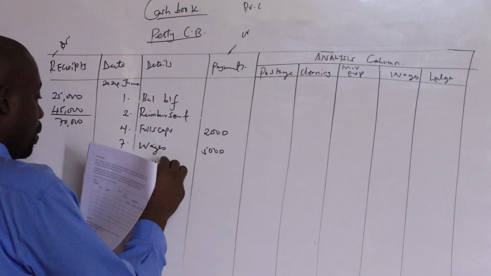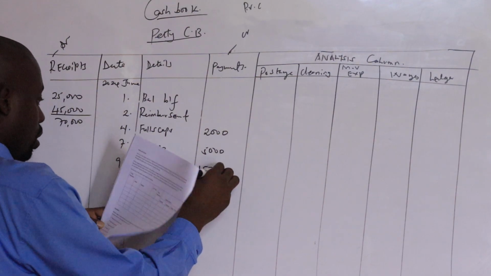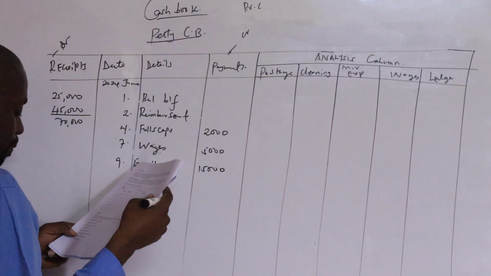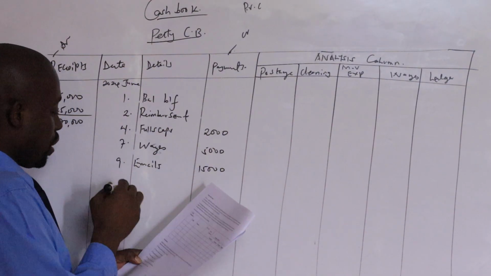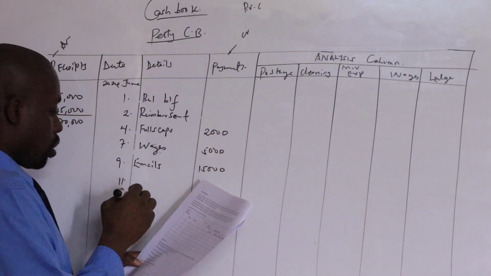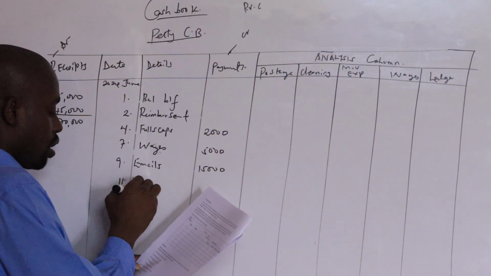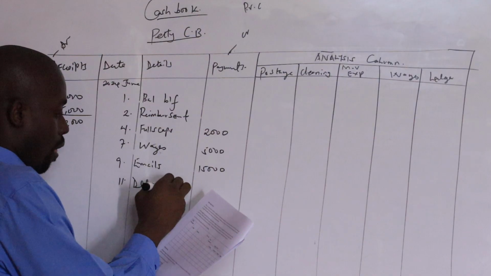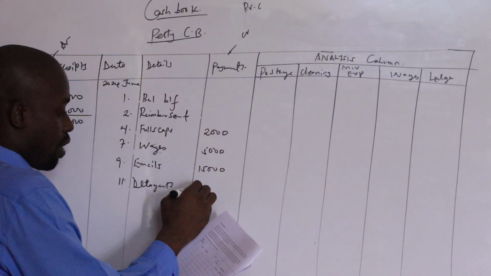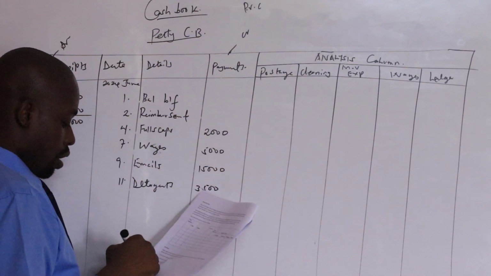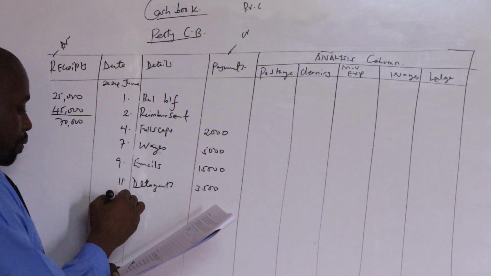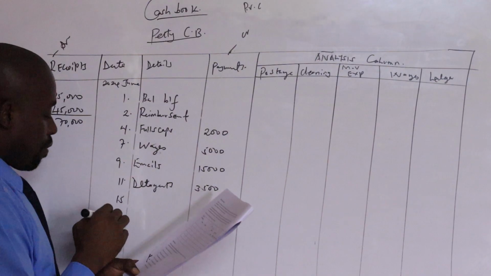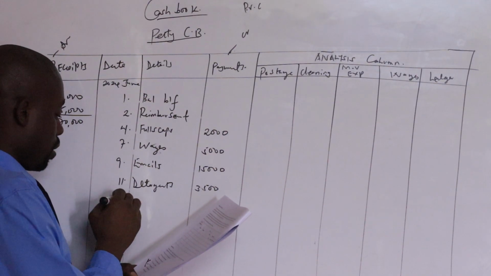Emails, 15,000. Next, on 11th, bought cleaning detergents amounting to 3,500. And then 15th, paid Otieno, a creditor, 20,000.